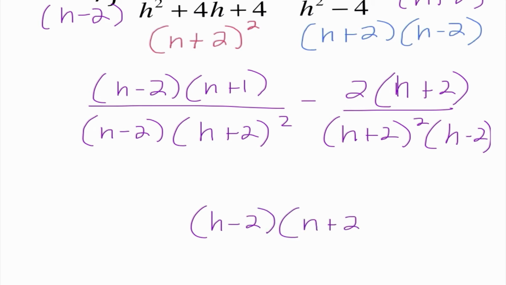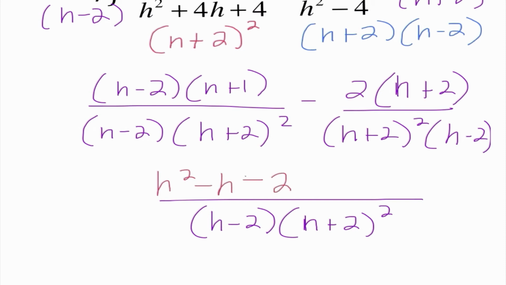Remember, since this is multiplication, our commutative property exists, and it does not matter the order that I write it in. I need to FOIL here, so when I FOIL, I get h squared minus h minus 2. And over here I'm distributing, but it is important to realize I'm distributing a negative 2. So I get negative 2h minus 4.